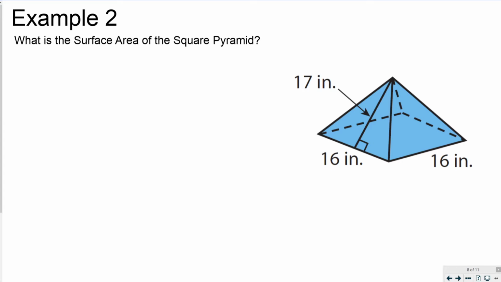Okay, so now we're moving on to a square pyramid. What is the surface area of the square pyramid here? Again, we could unfold the pyramid in order to gain a better understanding of it, but I just wanted to show you what that was like once.